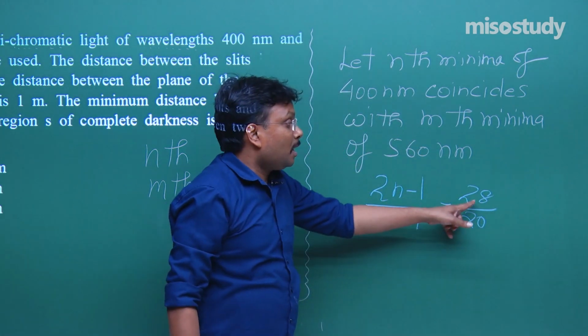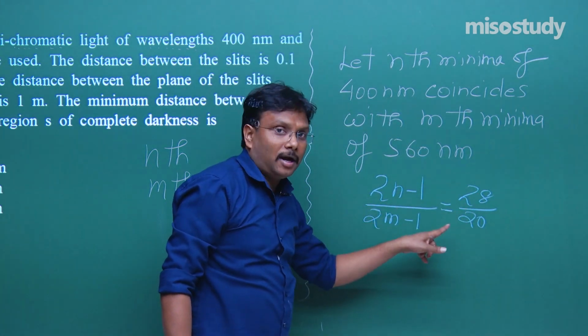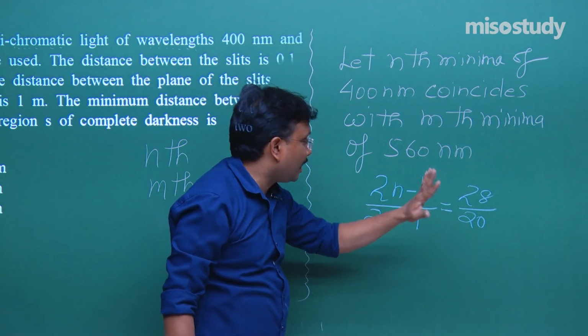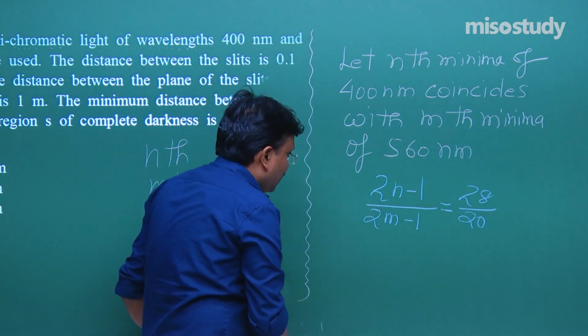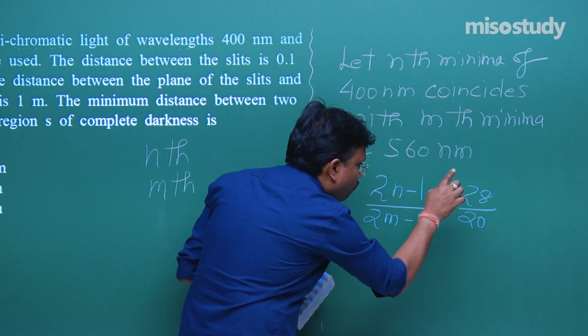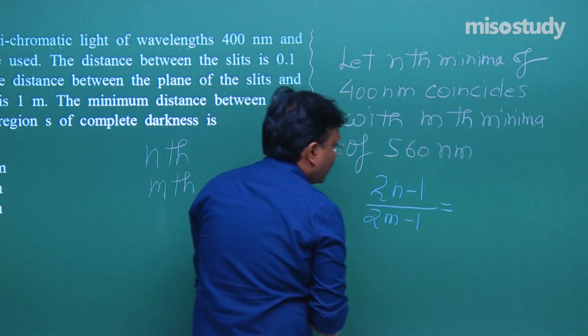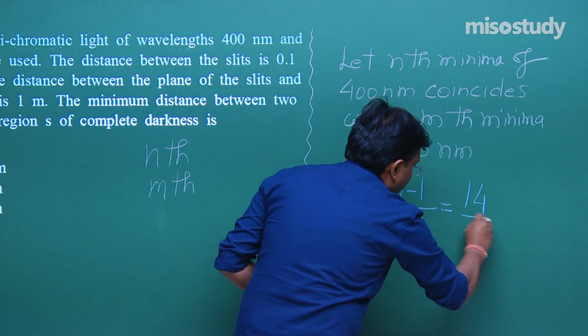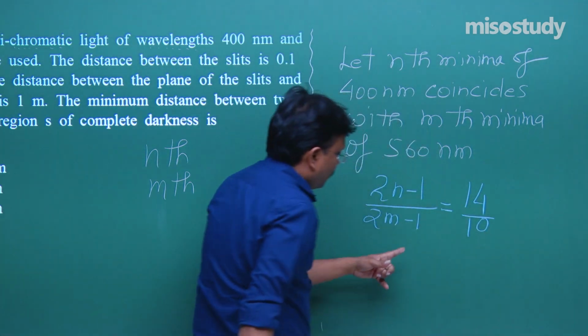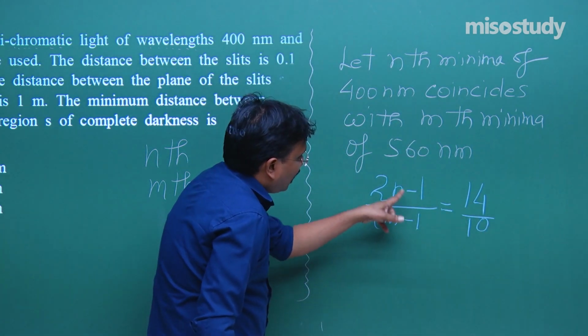Basically it is 560 upon 400. Even better if I write it only as 14 by 10. Yes, that is better. That is 14 by 10.